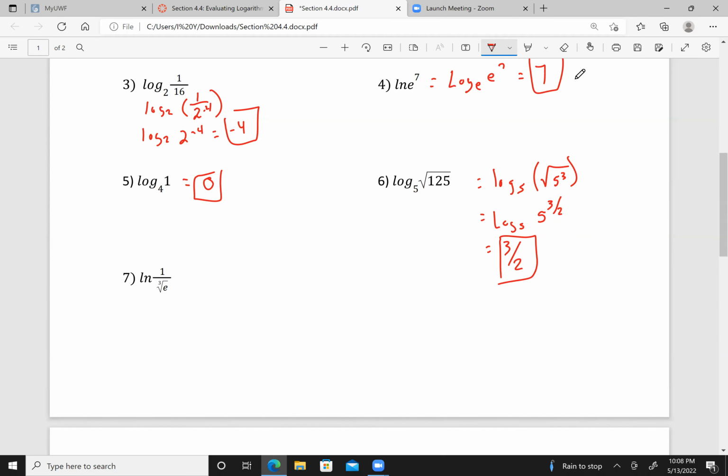All right, now I have the natural log of 1 over the cube root of e, the natural log of e to the negative 1/3, which is negative 1/3.